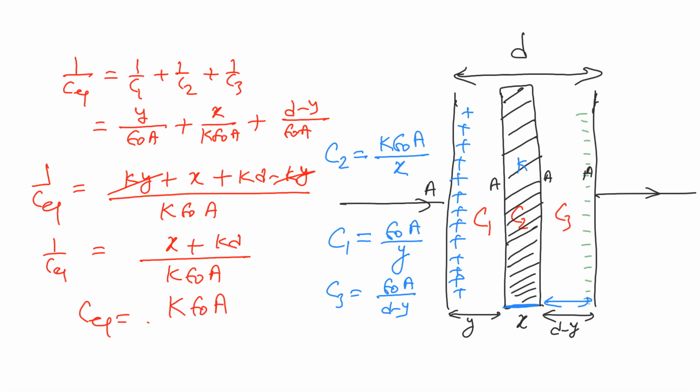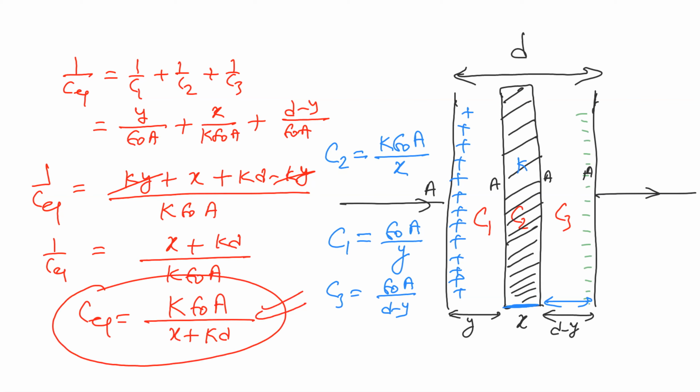K epsilon naught A divided by X plus K into D, right? So this will be the final equivalent capacitance.